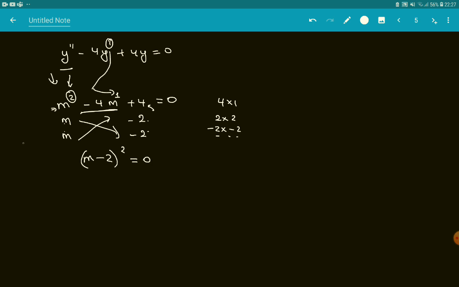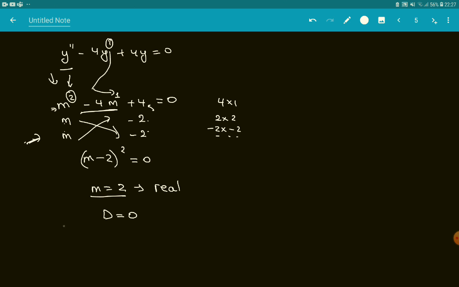But if this method looks confusing for you, you can just use your calculator or your convenient method as well. So m is equal to 2 here. It has only one root, and this one root is real, so this is the discriminant equal to 0 case.